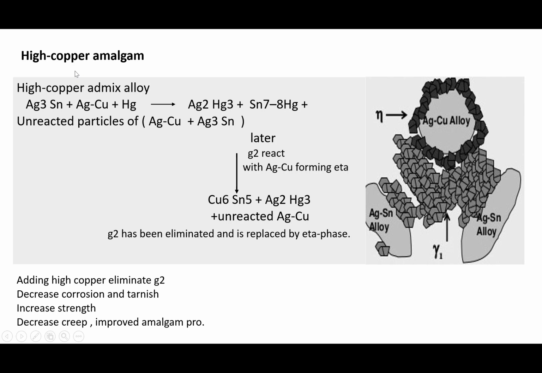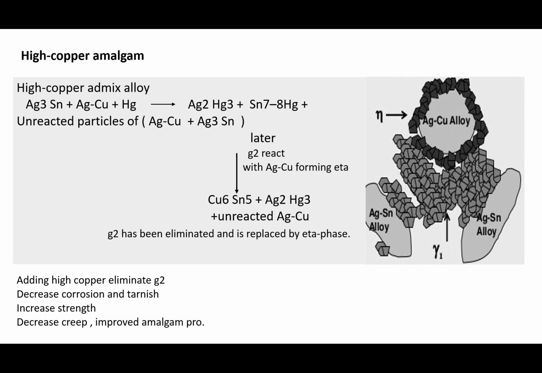In high copper amalgam, when admixed alloy and mercury are triturated, silver from the eutectic alloy, silver copper, enters the mercury, and silver tin from the original alloy particle also enters the mercury. Mercury starts to react with the silver tin like in low copper amalgam, forming gamma 1, gamma 2, and some unreacted particles of silver copper eutectic alloy and silver tin gamma.